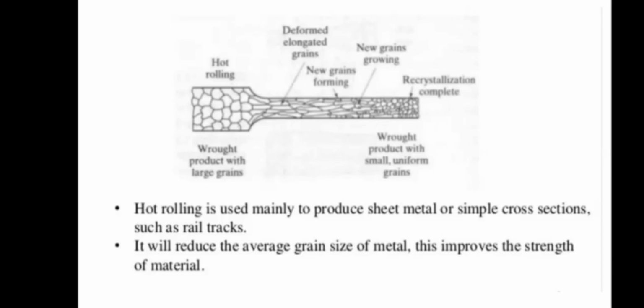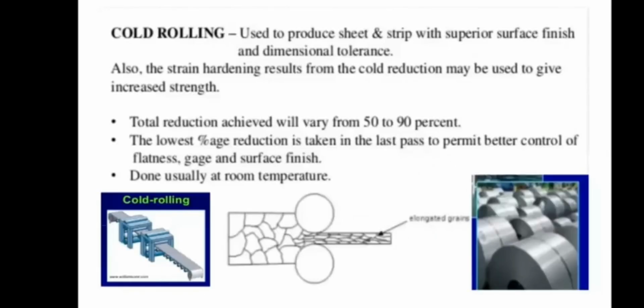There is no strain hardening effect. Brittleness is not induced in the hot rolling process. Next, the cold rolling process. Here you see the cold rolling form is shown. On the right side you see the cold rolled sheet will be wound on the wheel.